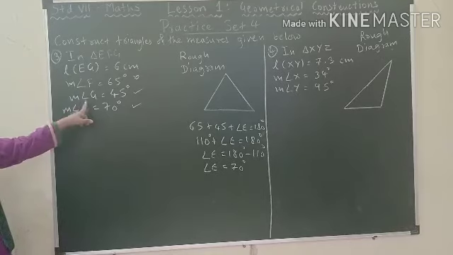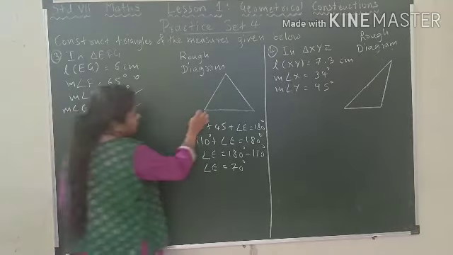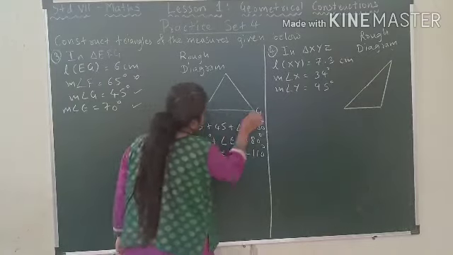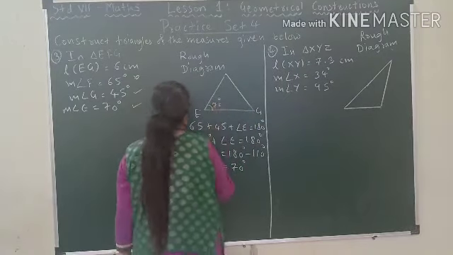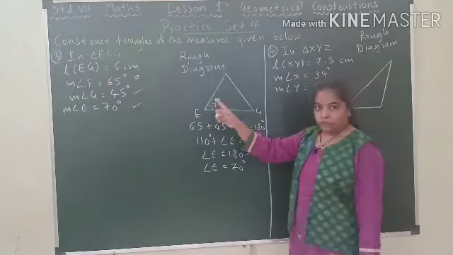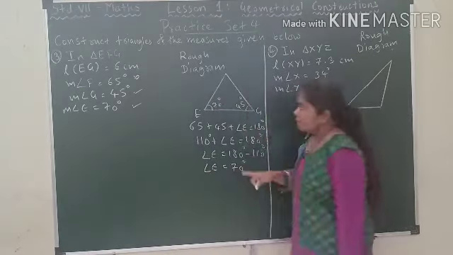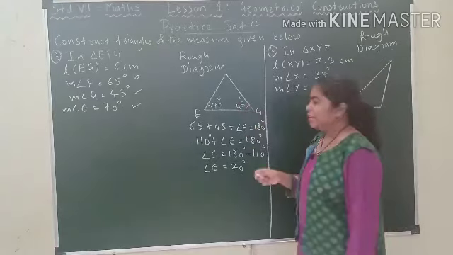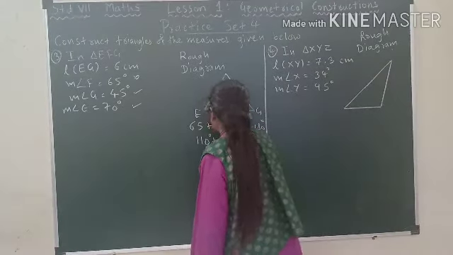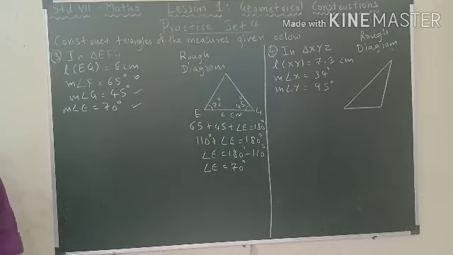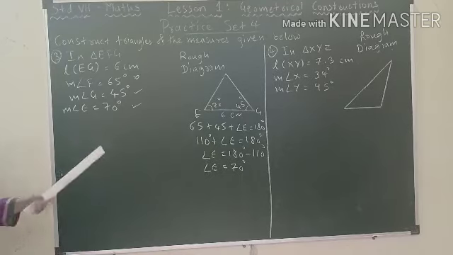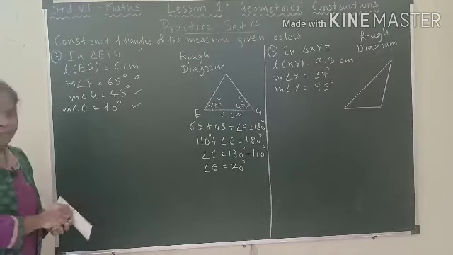Angle E is 70, angle G is 45 and EG 6 centimeter. That was an interesting question, very interesting question. It was slightly tricky, but it was easy. We understood the trick. So let's start with the base.